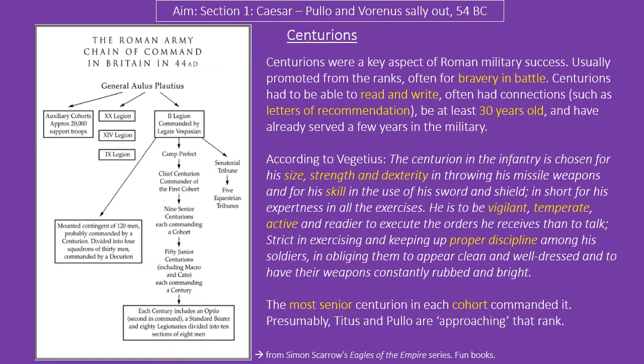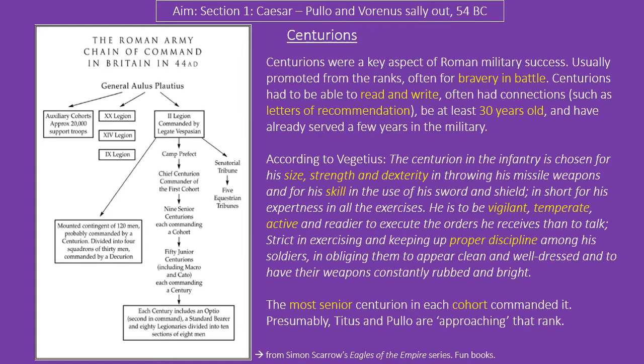So, brief bit of background. Centurions were a really important part of Roman military success. Unlike the higher level officers, who usually came from noble-ish families, centurions were actually promoted from the ranks, usually for bravery in battle. They also had to be able to read and write, had to have letters of recommendation, be 30 years old, and have already fought for a while. There's a quote there that they are often chosen for their size, strength, and dexterity. They had to be strict and good at keeping up proper discipline.